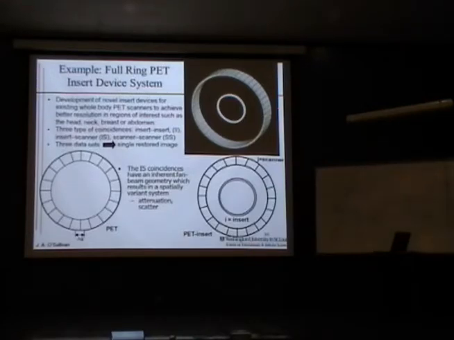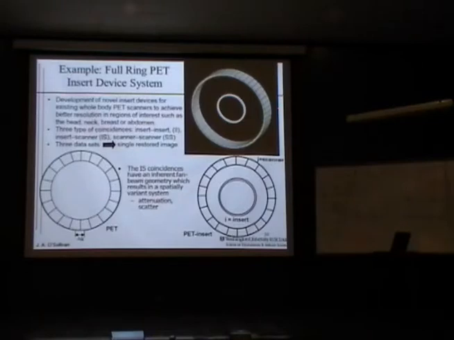The idea here is being developed by my colleague and collaborator, but I'm not involved in this project. It is a novel idea, where there is an insert ring, a smaller ring of detectors, that is inserted in the regular PET to concentrate on specific areas, perhaps the head or the neck or the abdomen of the patient.